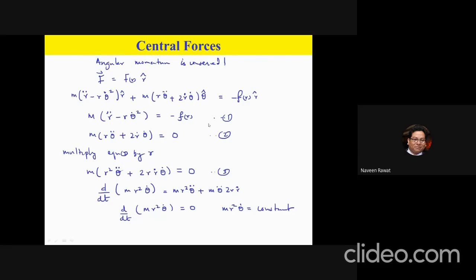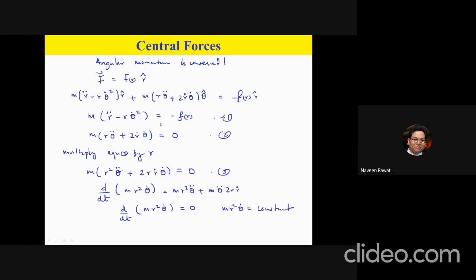Here this is equation 1 and equation 2, and from equation 2 we derived that angular momentum, which is this quantity m r square omega, which is theta dot, is a constant. And we didn't explore the first equation much. Today we'll be doing that.